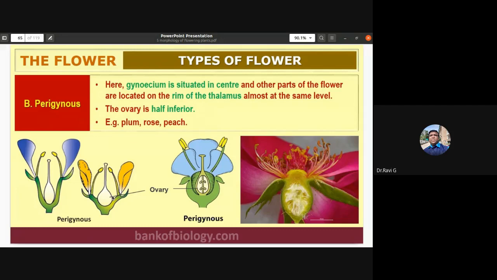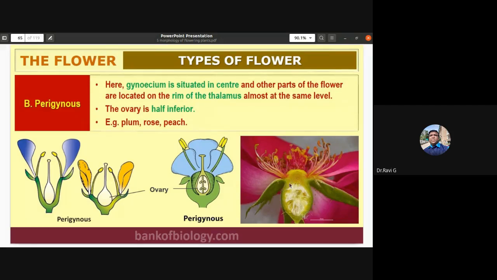Examples for these perigynous flowers you can notice in the Rosaceae family, especially rose, peach, then plum. You can notice this structure of semi-inferior or semi-superior ovary. So rose they have dissected here. You can see that halfway the ovary is within the receptacle, half of it is above the receptacle.